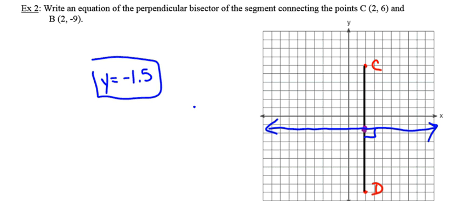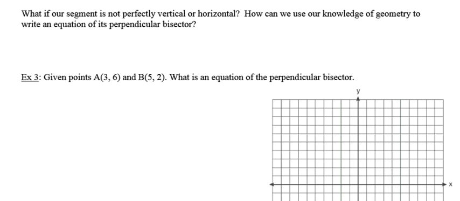All right, so that's the deal with line segments that are perfectly horizontal or perfectly vertical. How can we take what we've learned then and extend it to line segments that are slanted, that aren't perfectly vertical or horizontal? Well, if we take what we did in both cases, we first of all had to find the midpoint, and that's still going to hold true.